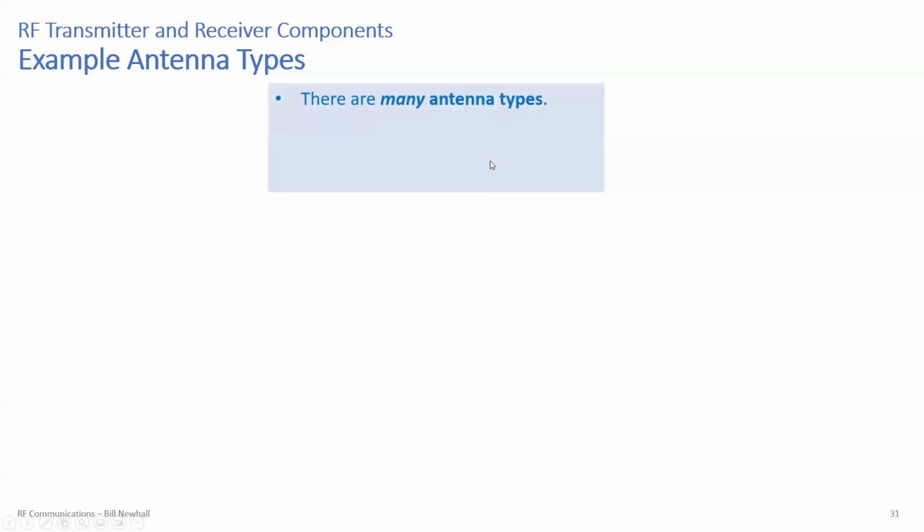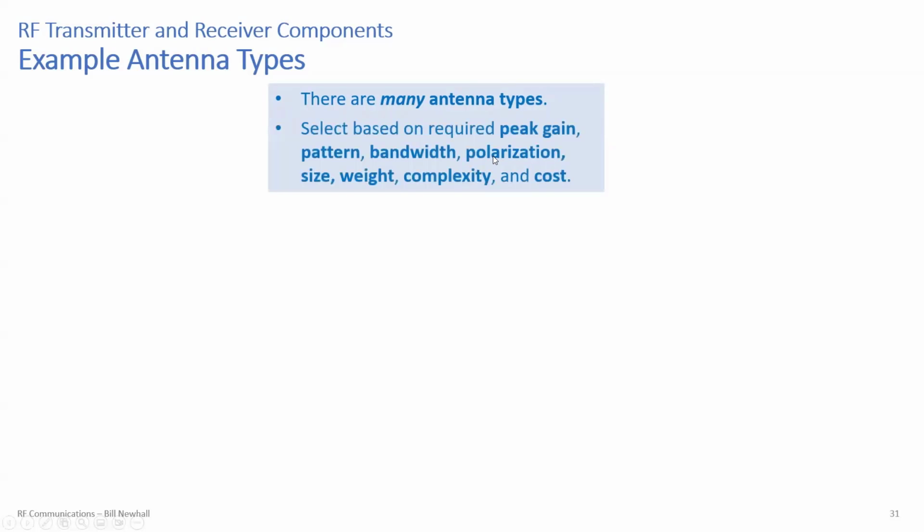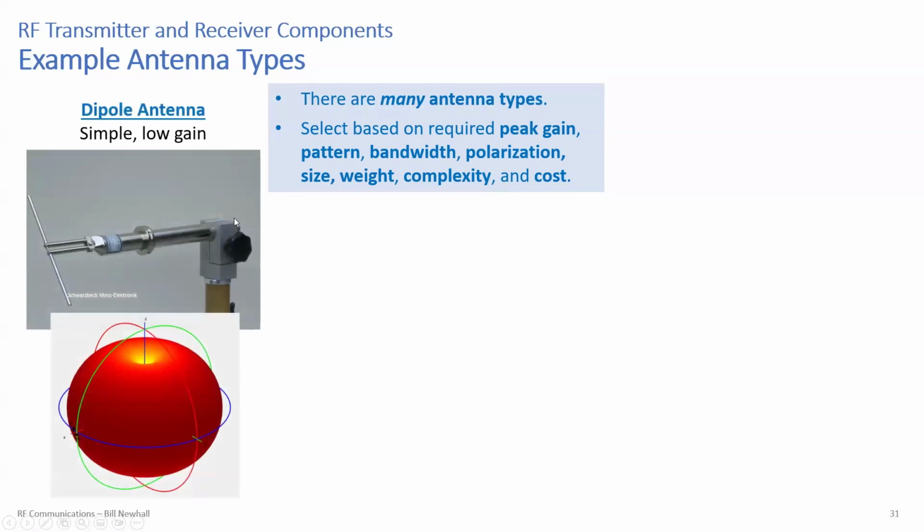So there are many antenna types, and you typically select an antenna for your application based on the peak gain you need, maybe in a certain direction, the shape of the pattern, if you need it to be directional, omnidirectional, or close to isotropic, the bandwidth of the antenna, the polarization of the field radiated by the antenna, and when you're looking at the physical package, the size and weight of the antenna, and the complexity and the cost of the antenna. A very common antenna is the dipole antenna.